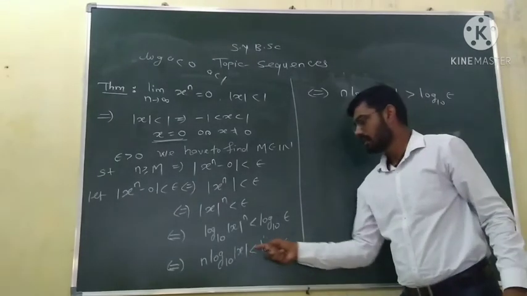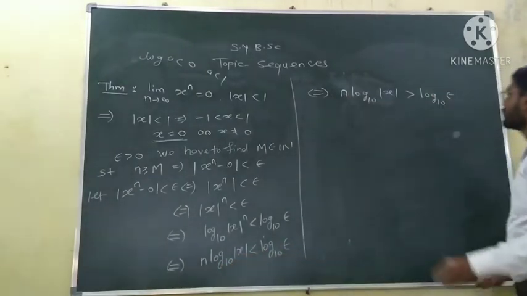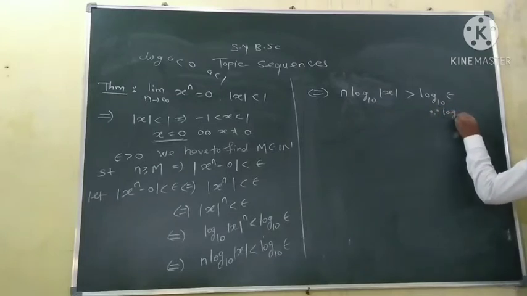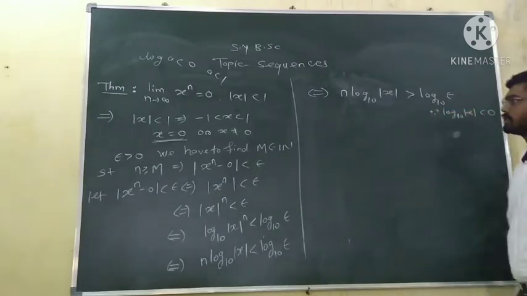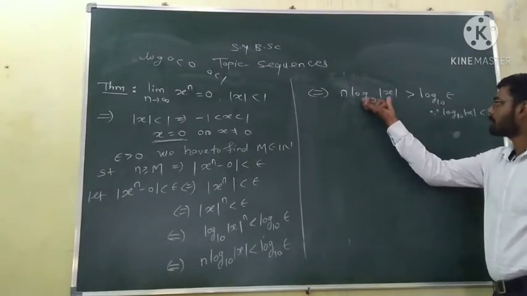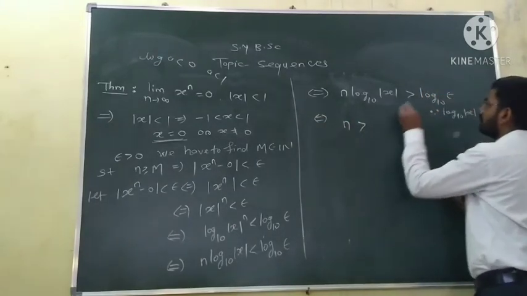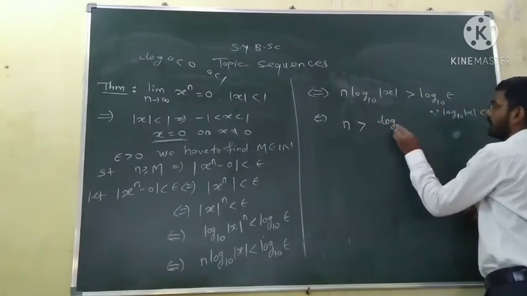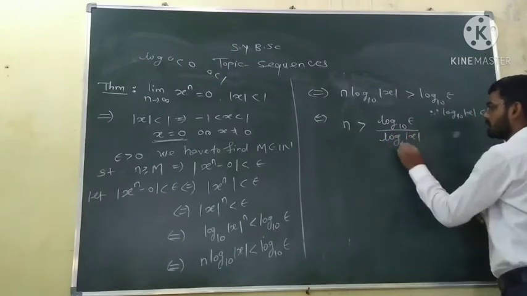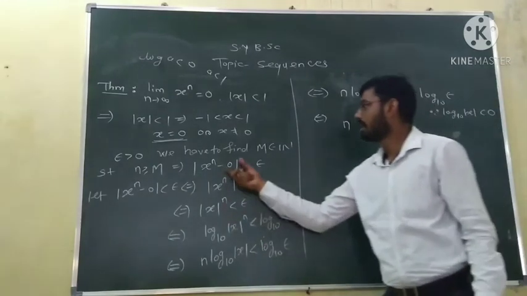Why are we changing this inequality? Because the log of this number is negative, since the log of this number is less than 0. So from this we get the value here. Just transfer this value to this side: n is greater than log to the base 10 of epsilon upon log to the base 10 of mod x. So whenever n is greater than this, this happens.